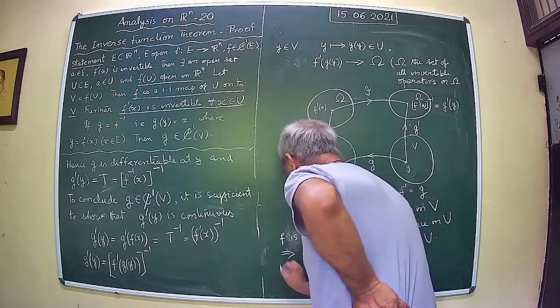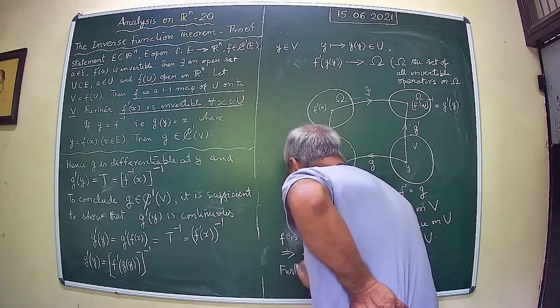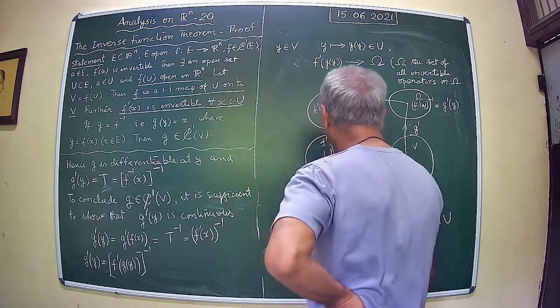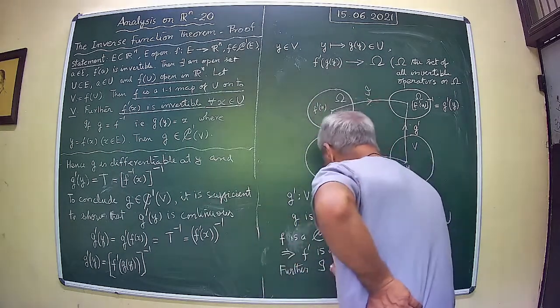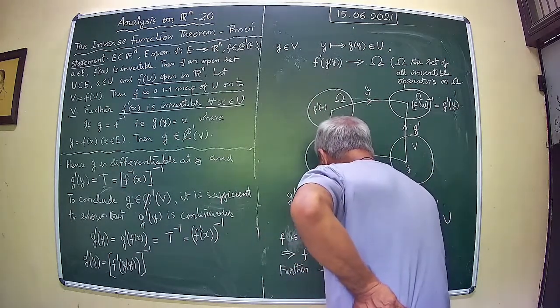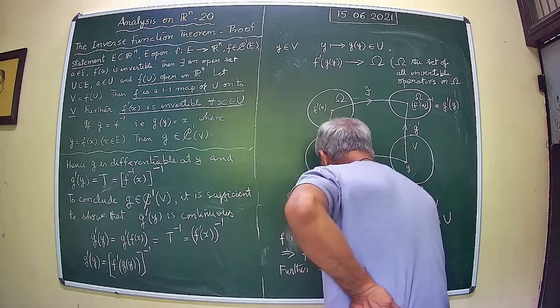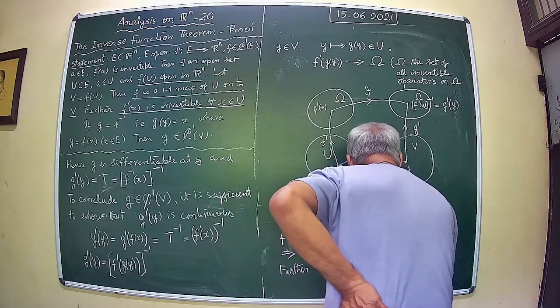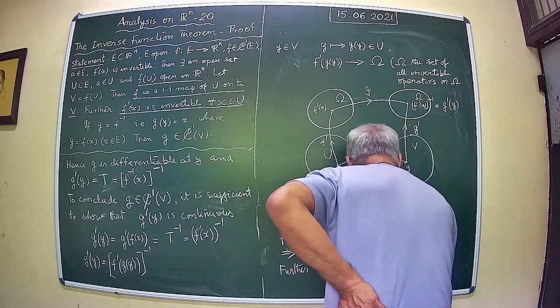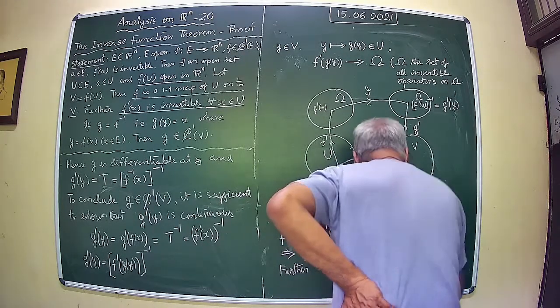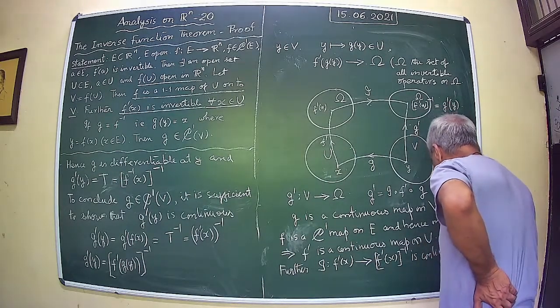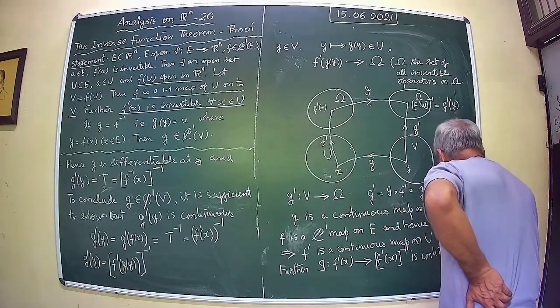Further, the inversion map I, which maps F prime of X to F prime of X inverse, is continuous on omega.